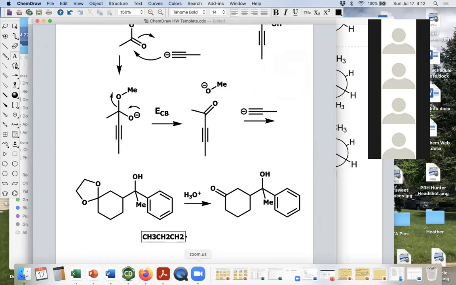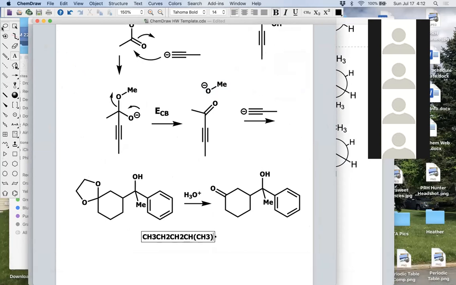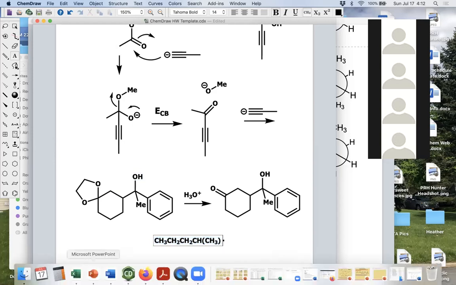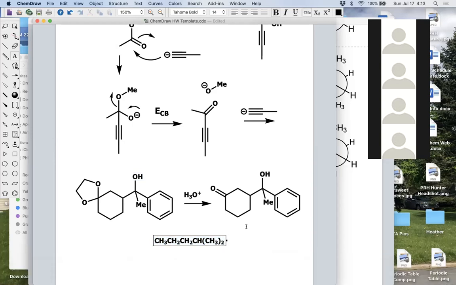Oh, I'm sorry, CH, parentheses, CH3. It's no different than that, except I don't know why it turned off my subscripts. I can't get it to go back on now. So here I'm showing two methyl groups. It's the same intent. Got it.